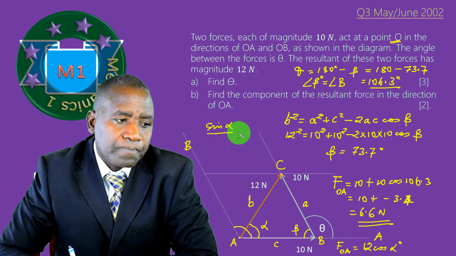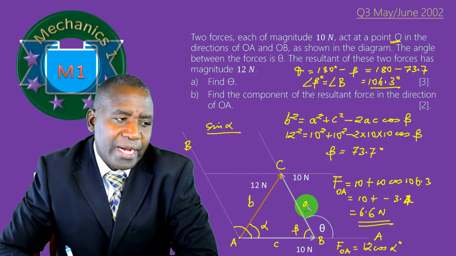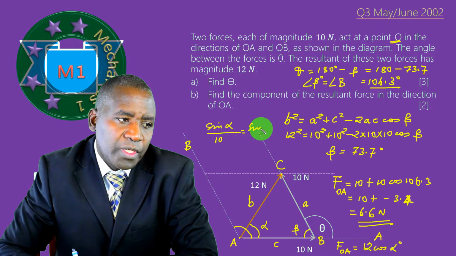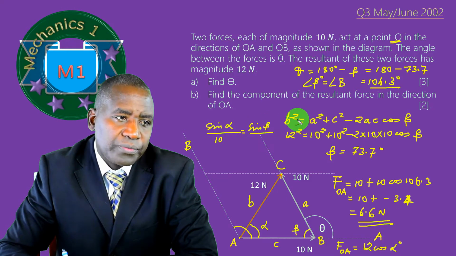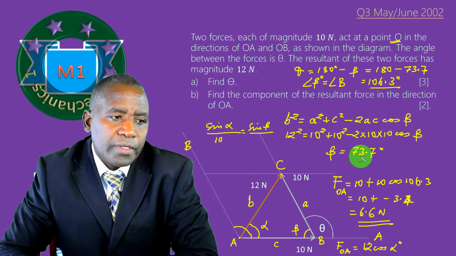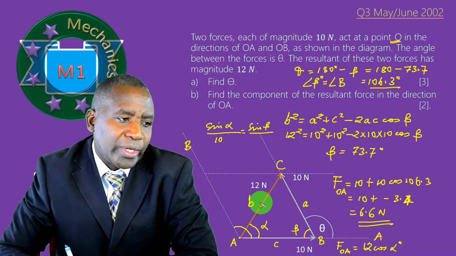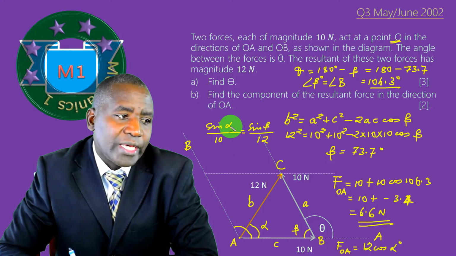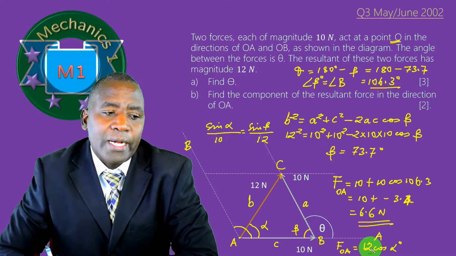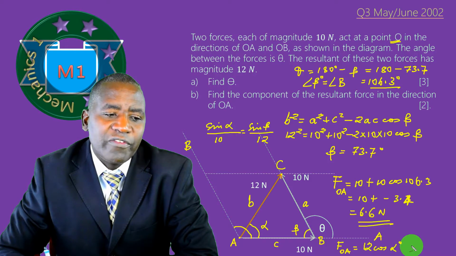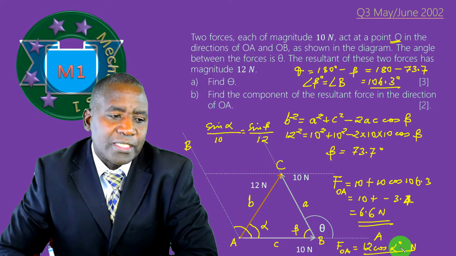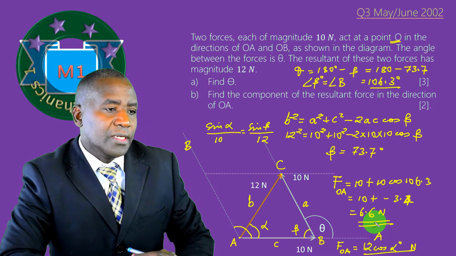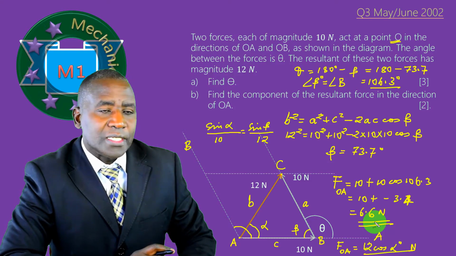Sine alpha, divide by the opposite side, which is 10, is equal to sine beta, which I know is 73.7, divided by 12. And you can see the only unknown is alpha, and I can get alpha. Once I get alpha, I do 12 cos alpha to give me the component of the resultant force. And you'll find that it gives you the same value of 6.6 newtons. And again, you can see that the question is just as simple as that.